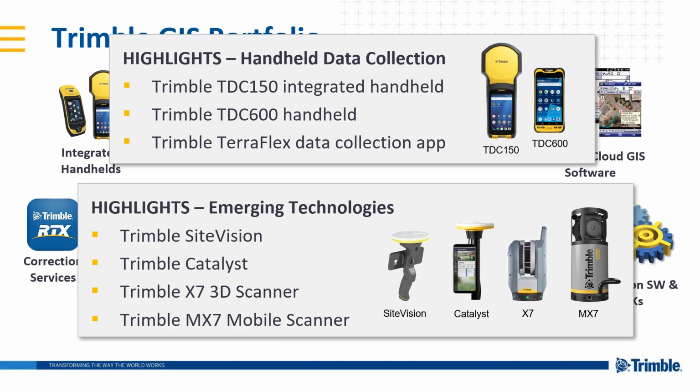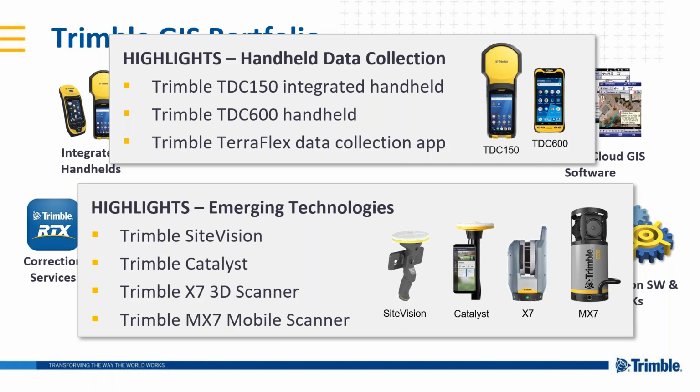So if you've got a GeoExplorer perhaps running TerraSync, then the TDC 150 would be our next generation solution from that, which is running Android and can run the Trimble TerraFlex software for a cloud-based solution, or it's capable of running some of the Esri mobile apps as well.